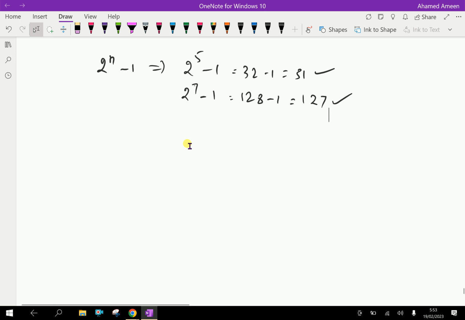Prime numbers also have some interesting facts. Now, first we will discuss the geometric meaning of prime numbers. Let's start with an example.